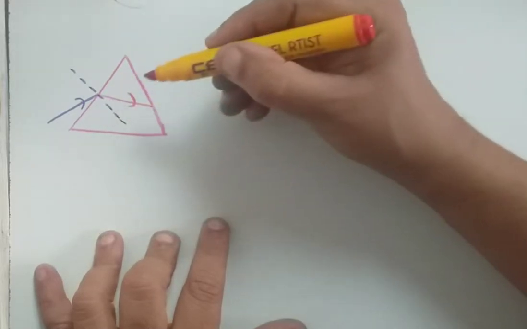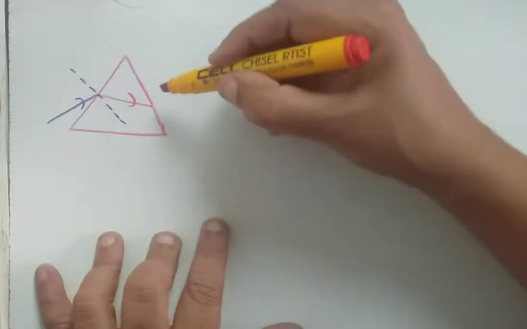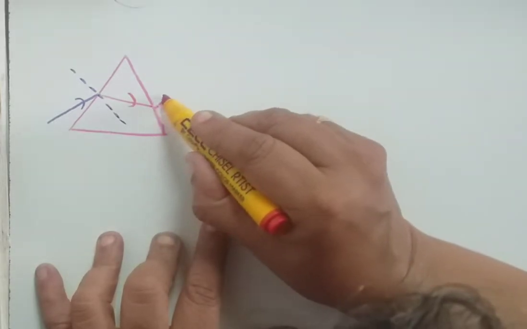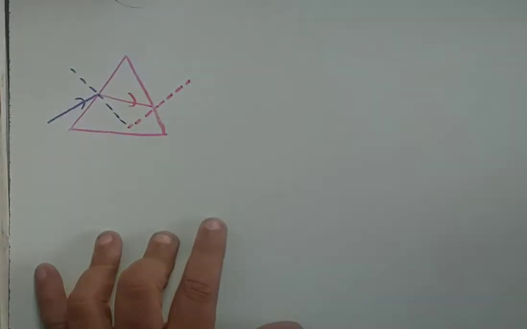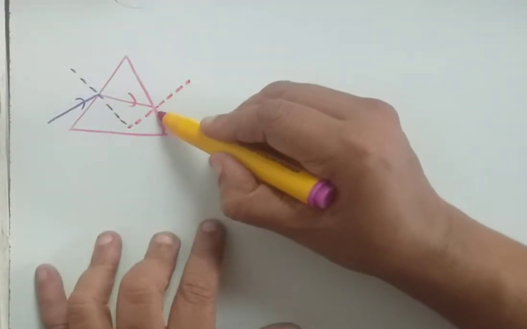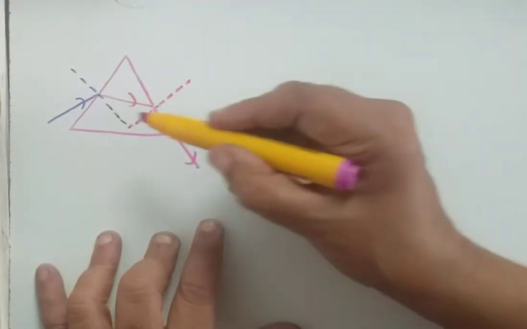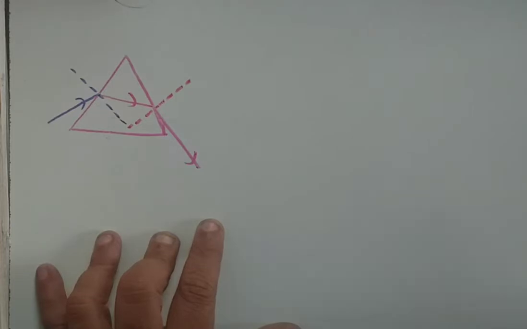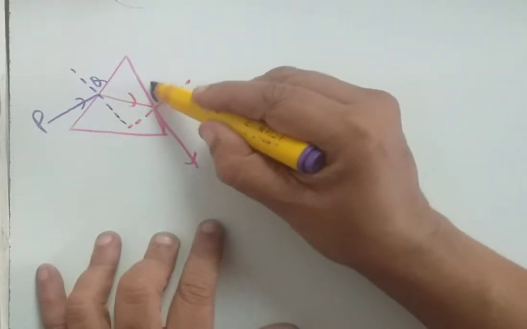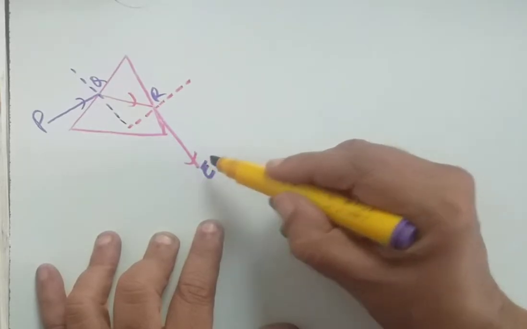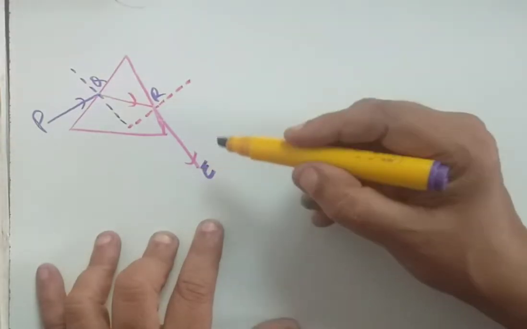Say like this. At this point also we draw a normal. Then the ray should come out of the surface, that is prism, like this. We name these things. It is P, Q, R, E. And RE is the emergent ray.